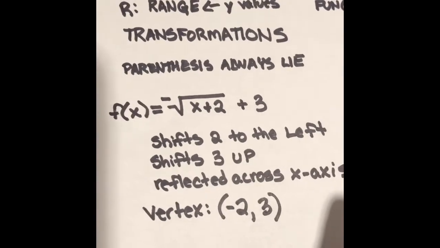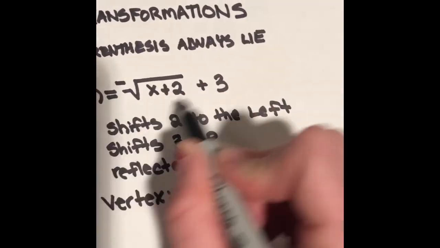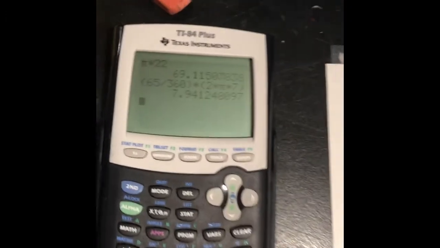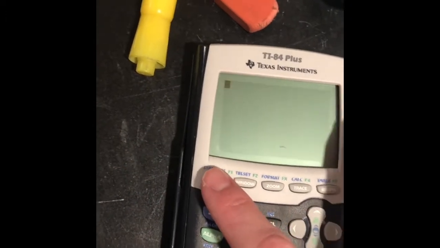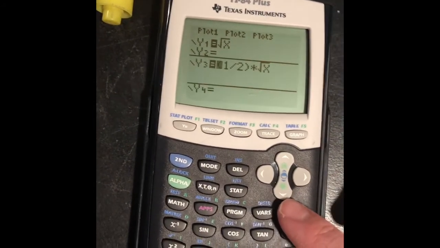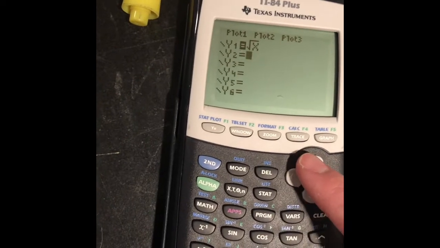Let's see how this exact equation right here looks in our calculator. So I'm going to go to our calculator and go over here. I was doing things earlier, that's our parent function.